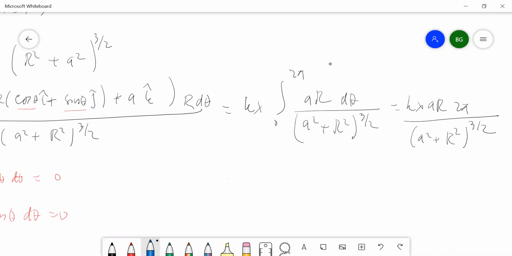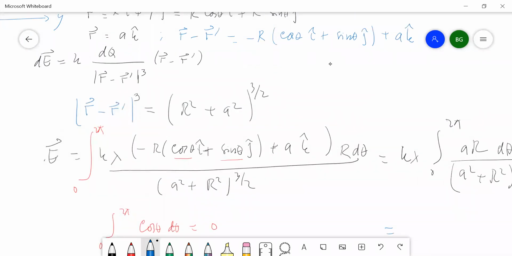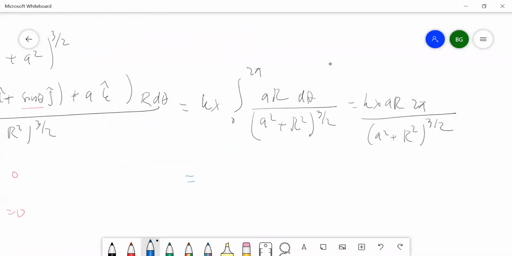This equals, so the total charge, as I said before, is lambda 2 pi R. So this is K Q A over (A squared plus R squared) to the 3/2. Okay, so this is the electric field.